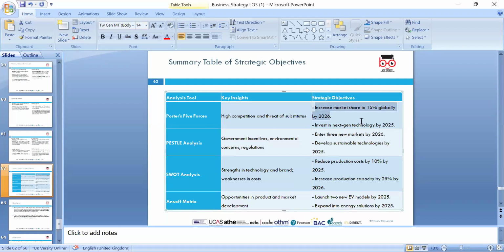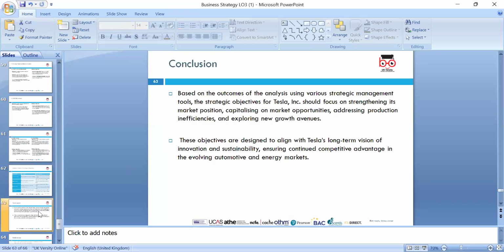In the PESTLE, yes, entering into new markets by developing. So that's the strategy. Strength, weakness: reduce the production cost, increase the production capacity. Opportunities: in the product and market development, launching new vehicle models, which they are doing by 2025.